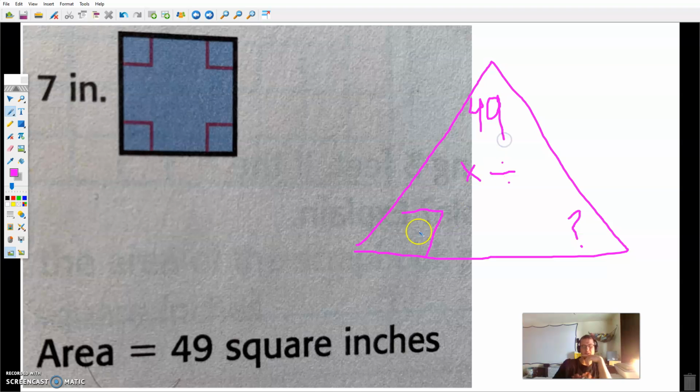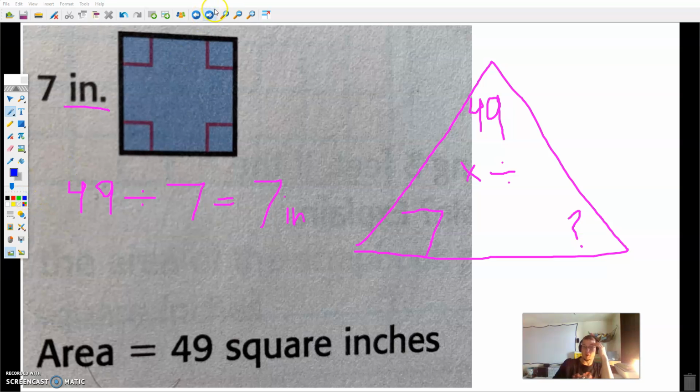Two different ways you can think about this. 7 times what equals 49? Or 49 divided by 7 is, so I'm going to take my area and just flip it around. I'm going to now do my area divided by the one side that I know, and that ends up being, for this one, 7, and my unit is inches, so 7 inches.